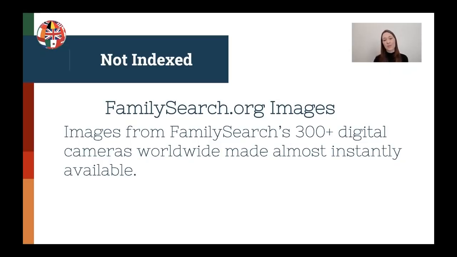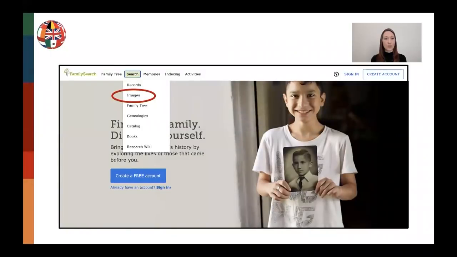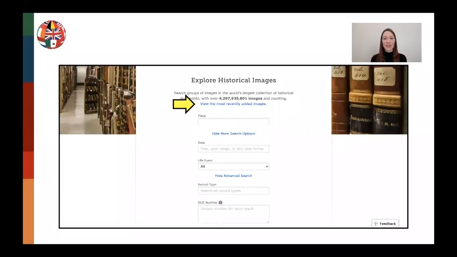They're getting more and more records filmed, which is awesome. And they're made instantly available here on FamilySearch Images. So you go to FamilySearch.org, and you go to Search and Images. And you will be given a way to search by place or date, record type, etc.